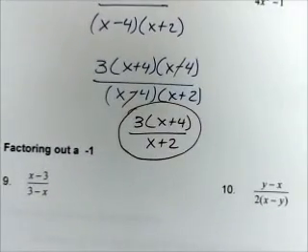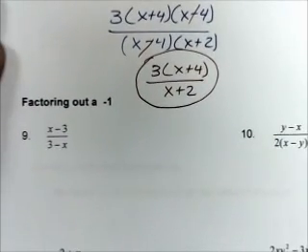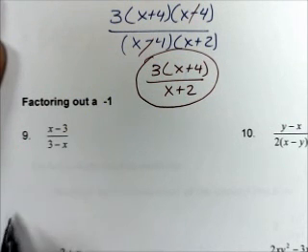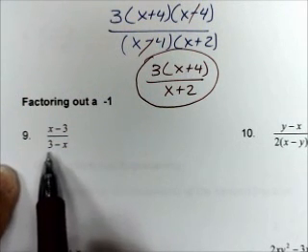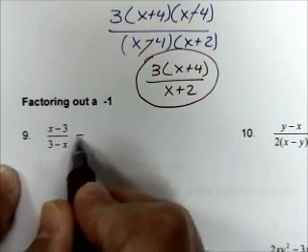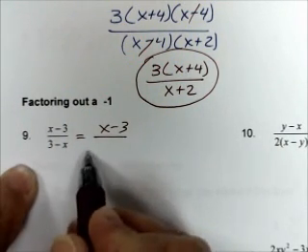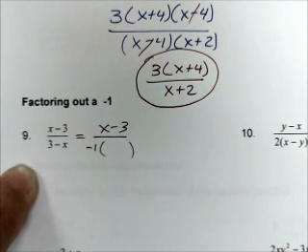Now, factoring out a negative 1, again, you should have seen this in a previous math course. I have x minus 3 divided by 3 minus x. Now, there's a few ways of looking at this. I call these opposites. If I take the denominator and factor out a -1, what would I get inside parentheses?